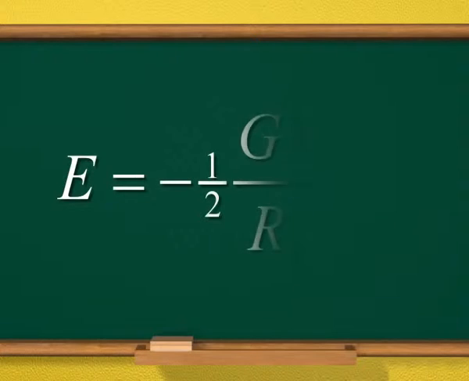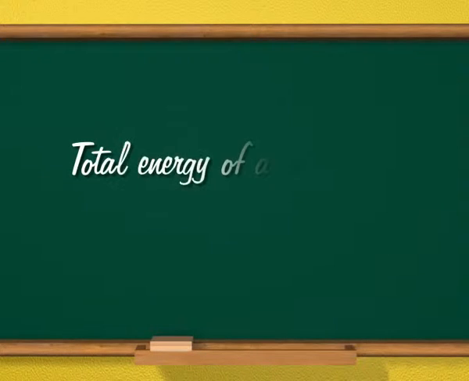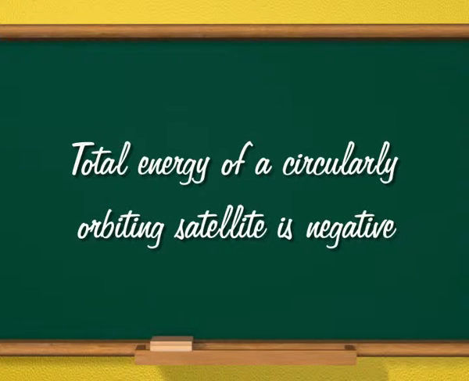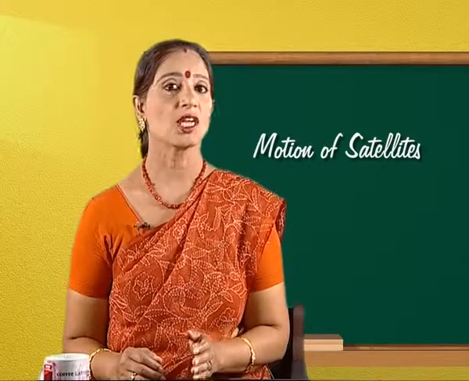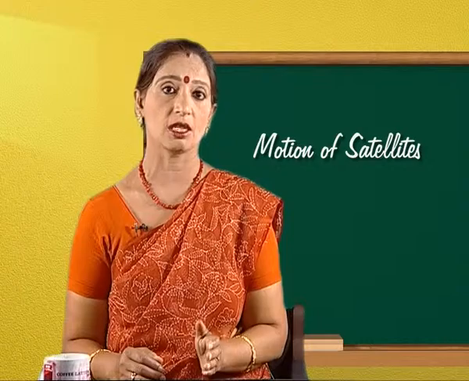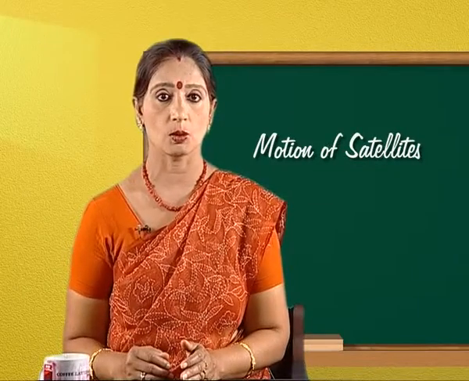Therefore, the total energy of a satellite in its orbit E is equal to minus half of G Me m upon Re plus h. Total energy of a circularly orbiting satellite is negative. Since the satellites are always at finite distances from the Earth, their energies cannot be positive or zero.